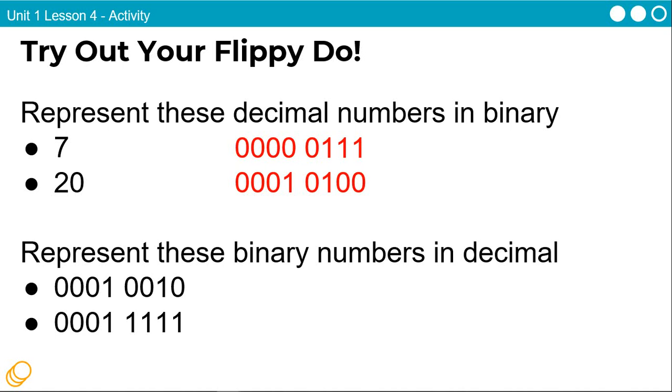If we do these conversions down here at the bottom, representing these binary numbers in decimal, we can go through the process from right to left to make it a little easier as we walk up. So if we're looking at this right here, we can go 0.